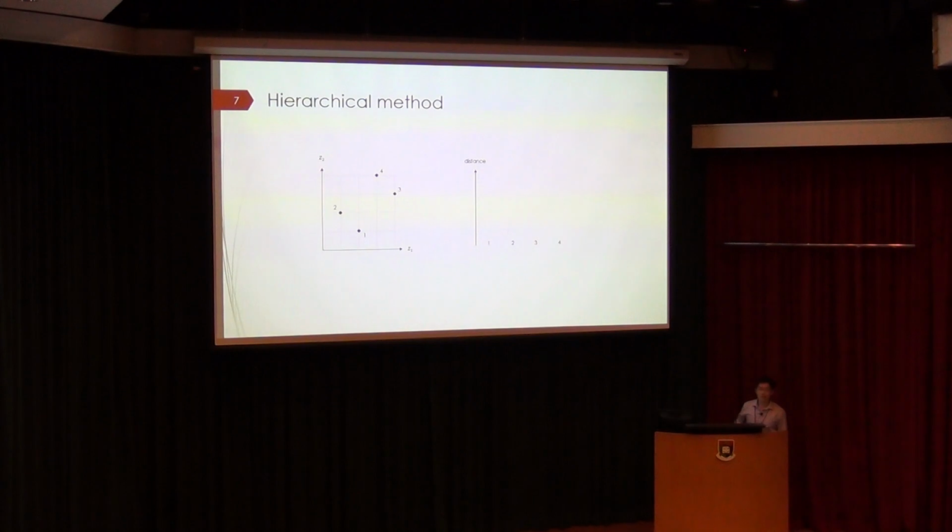So a suggestion, a solution, is using the hierarchical method. So what is the hierarchical method? The idea is, for example, to group the points together when they are close enough. Suppose we consider a distance threshold of D1, then we will be grouping 1 and 2 together and 3 and 4 together because they are within reach by a distance of D1.